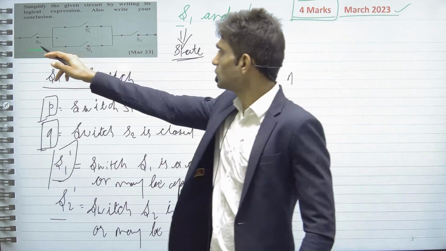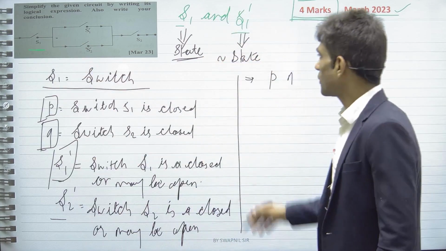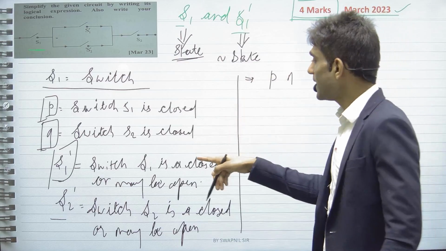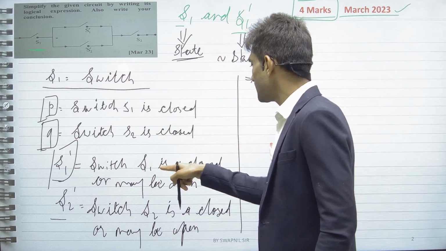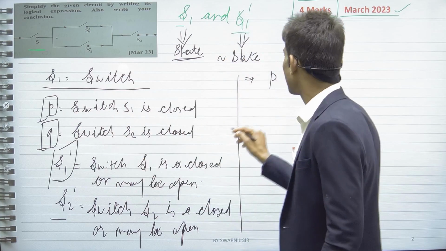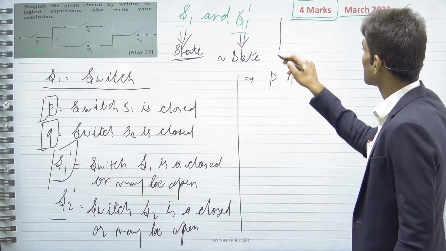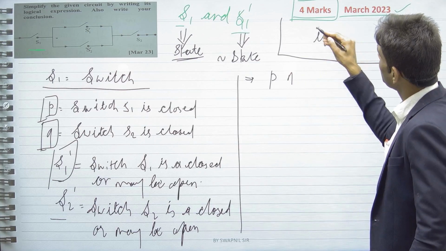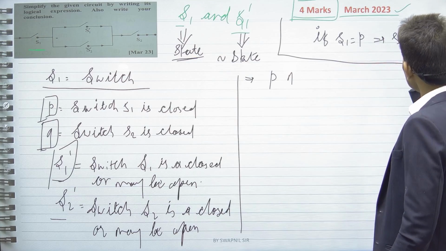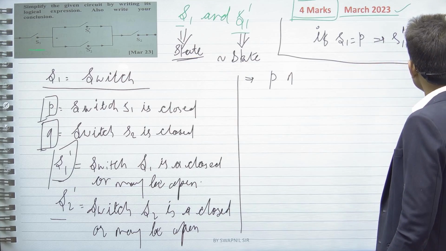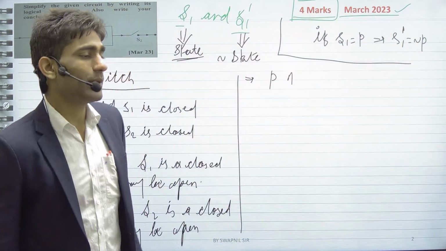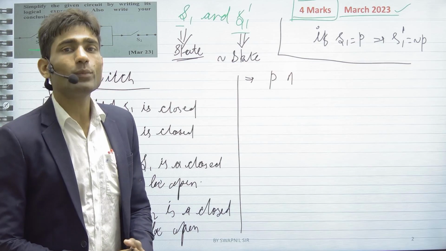We have first S1, after that series switches with S1 dash and S2 dash. Now S1 dash represents the switch being open. Let me explain it separately here. If S1 is equal to P, this implies S1 dash represents negation of P. The dash means a negation, completely the opposite meaning of our statement.